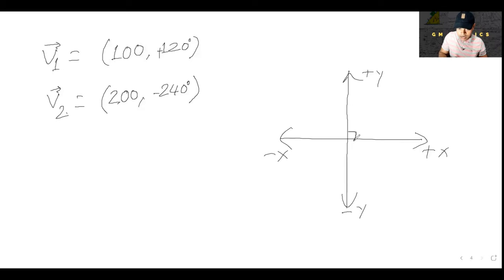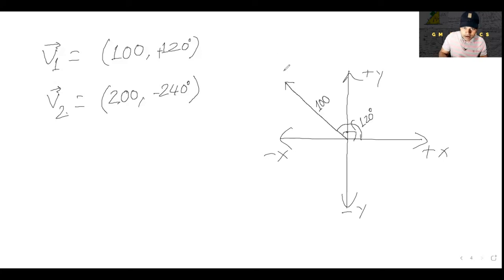So this is 90 plus 30. So approximately in this direction. So this is my vector. This is 100 units oriented along 120 degree anti-clockwise with respect to positive x-axis because it is given plus.